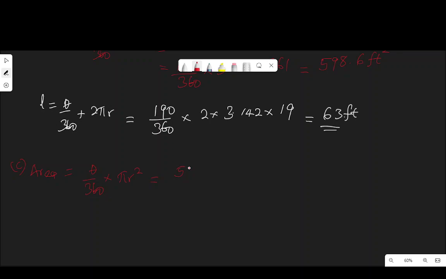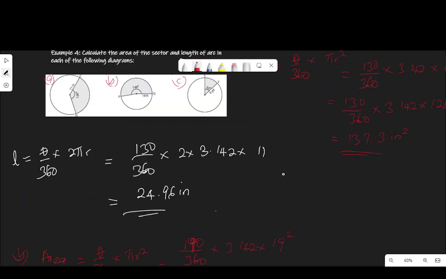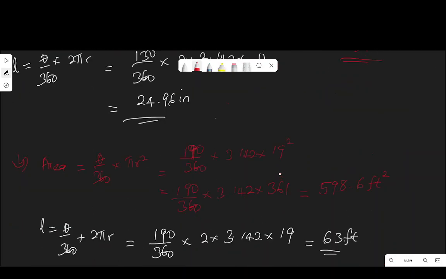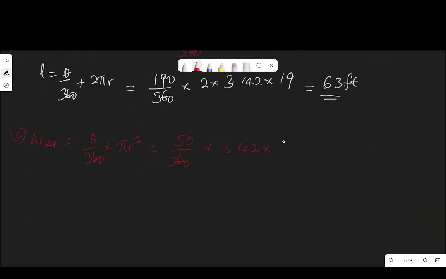Theta is 50 degrees divided by 360 times pi, 3.142, times the radius. 6 yards, that is 6 squared, which is 50 over 360 times 3.142 times 6 times 6 is 36.